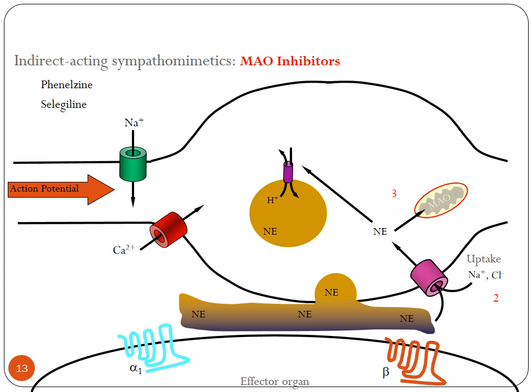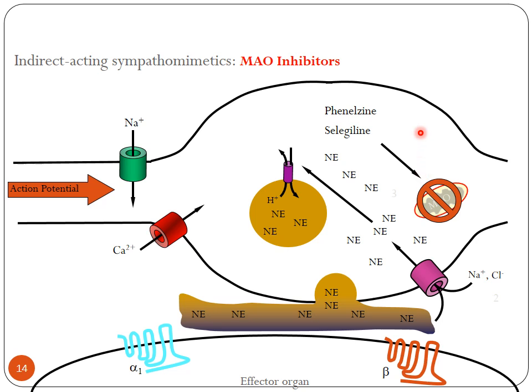The last indirect acting sympathomimetics are MAO inhibitors. I just mentioned before that one of the enzymes responsible for the breakdown of noradrenaline was MAO, monoamine oxidase. So what happens if we block this enzyme?